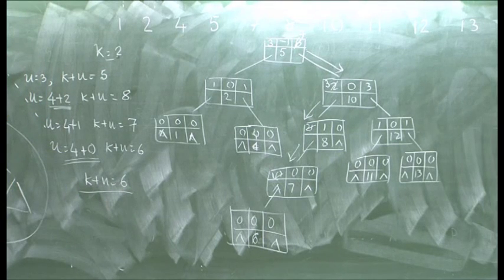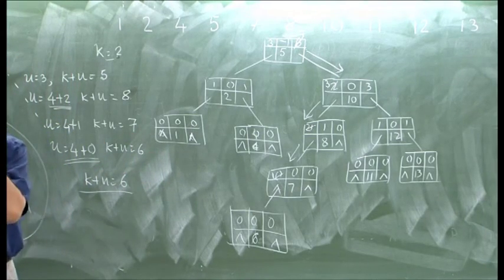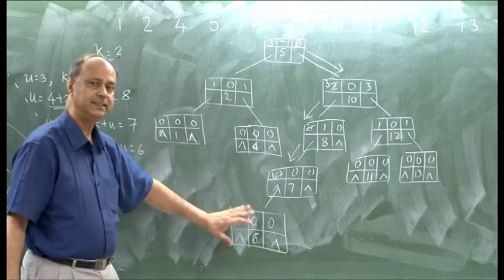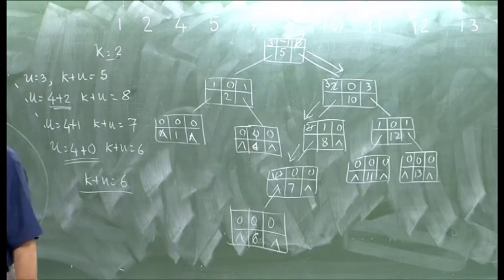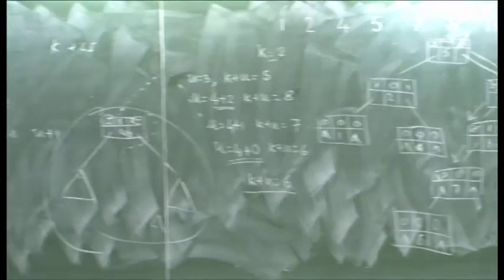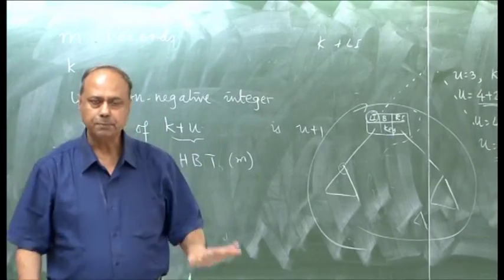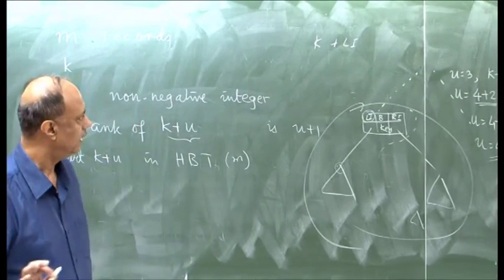K plus u is 6, and the rank of k plus u is 4 plus 1, which is 5, because 4 of them are smaller than this. U is 4, u plus 1. So rank of k plus u is 4 plus 1, 5. Now this, up to this, is simple.